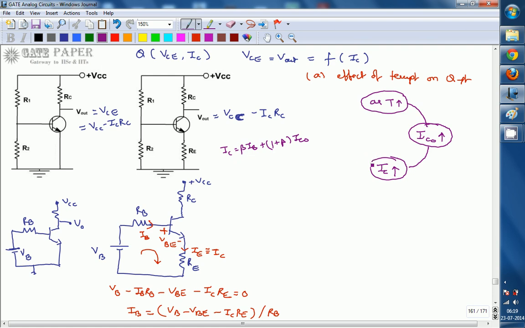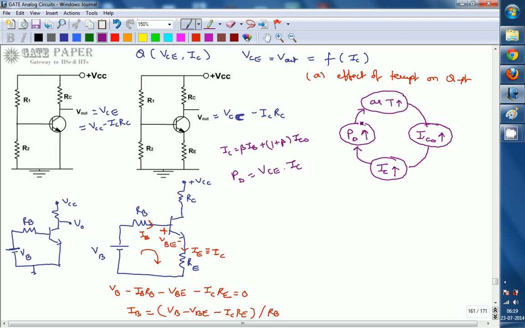Whenever IC increases, power dissipation increases across the collector base junction. Whenever power dissipation increases, temperature increases again. Power dissipation is nothing but VCE multiplied by IC, so as IC increases, power dissipation also increases.